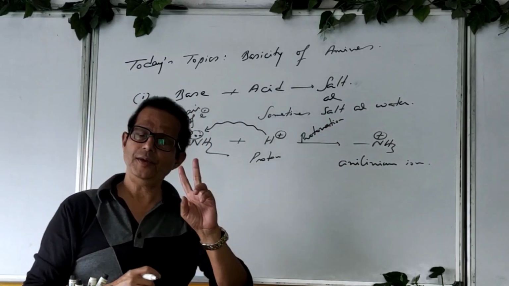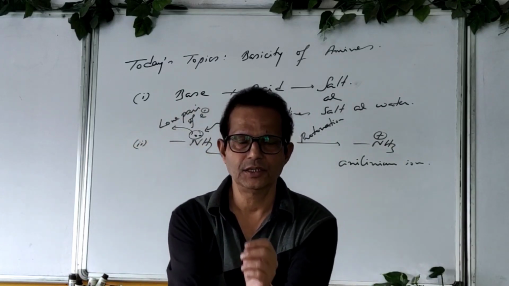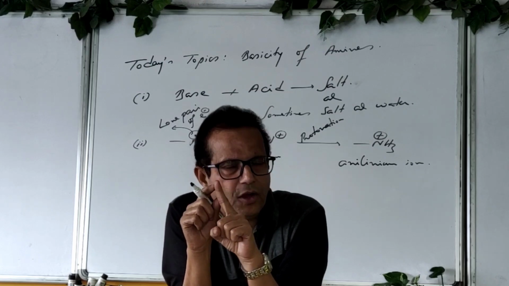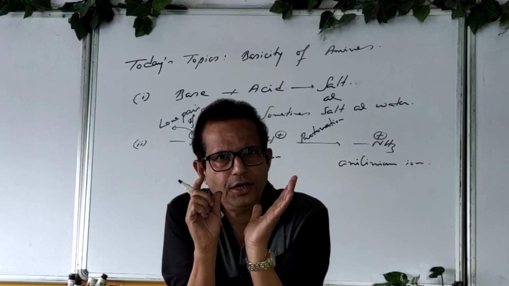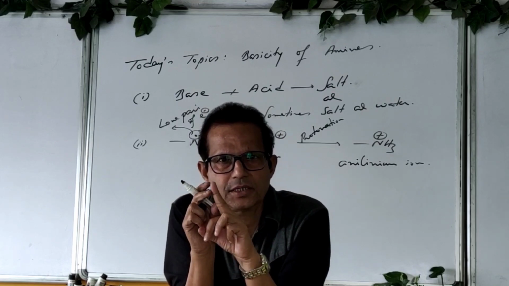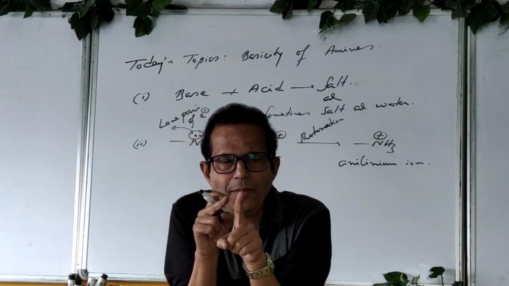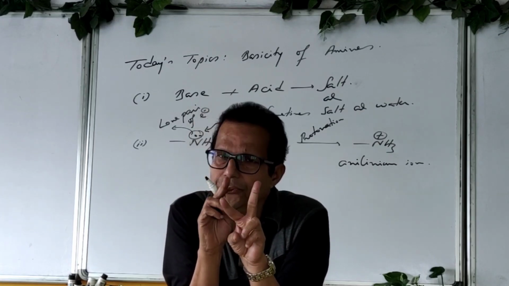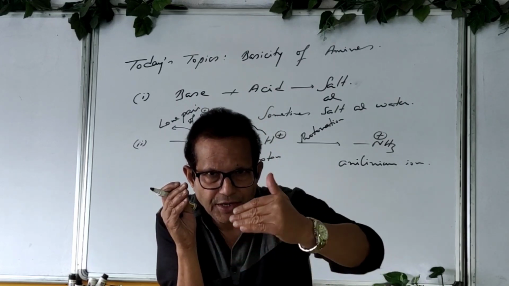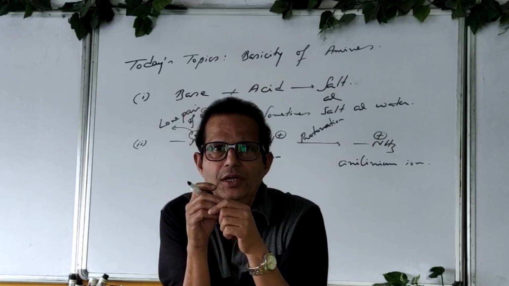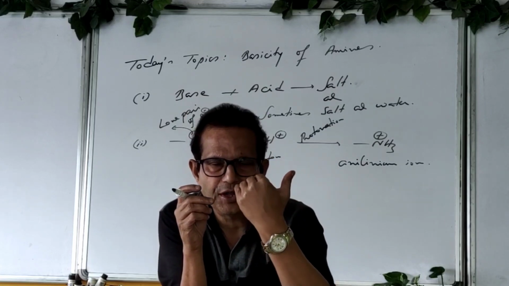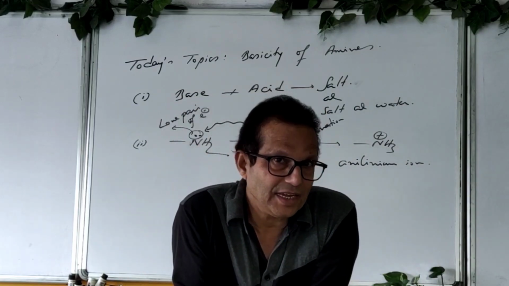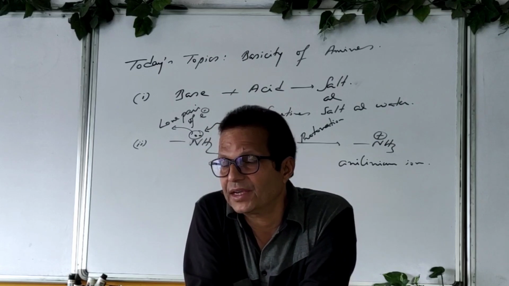So whenever you consider the basicity of amines, remember 2 main factors. One is availability of lone pair of electrons on nitrogen atom. Another is protonation. The availability of lone pair of electrons on nitrogen atom depends on 2 factors: presence of electron donating groups and presence of electron withdrawing groups. And protonation depends on steric hindrance or bulky group effect.